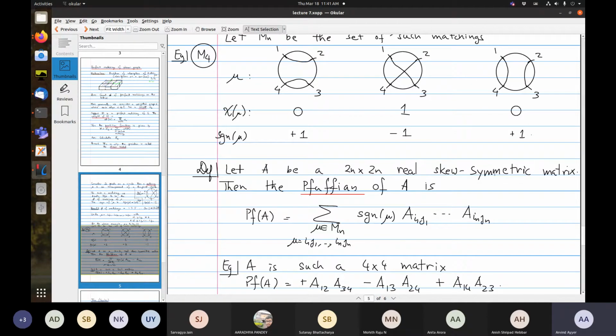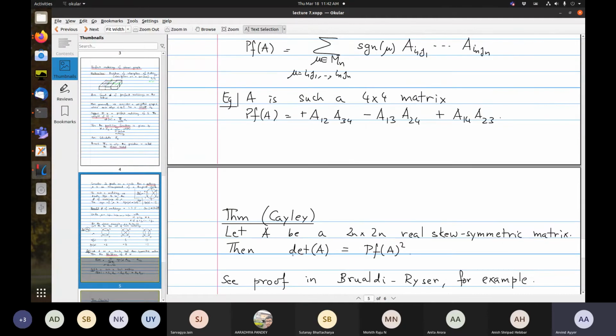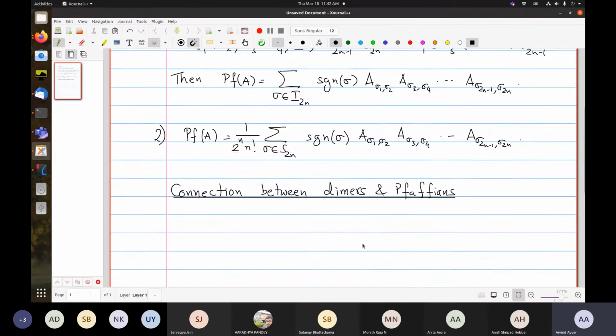Because as you know, skew symmetry is not the right thing for complex matrices. It's skew Hermitian. And I should say the reason Cayley's theorem doesn't work for odd dimensions is if you have a 2n plus 1 by 2n plus 1 real skew symmetric matrix, then the determinant is going to be 0. So there's nothing to talk about.